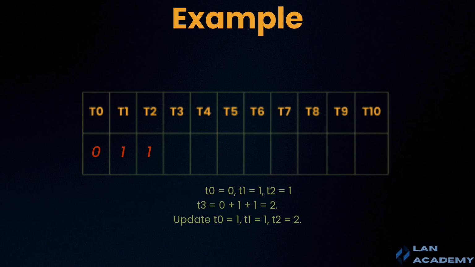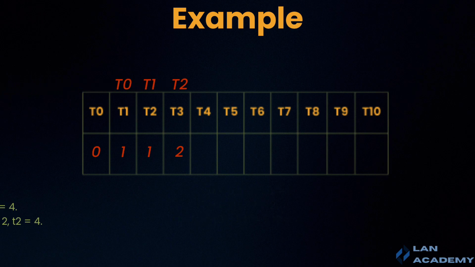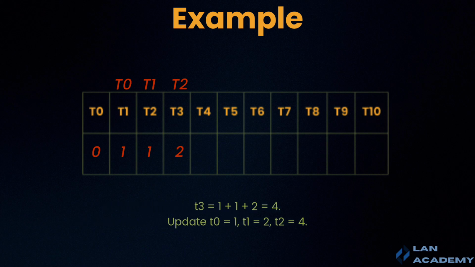Iteration 1: start with t0 equals 0, t1 equals 1, t2 equals 1. Compute t3 as 0 plus 1 plus 1, that equals 2. Update t0 to 1, t1 to 1, and t2 to 2. Iteration 2: compute t3 as 1 plus 1 plus 2, that equals 4.